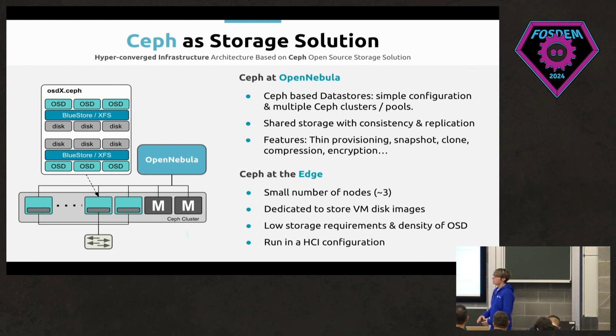Regarding Ceph at the edge, as I've already said, we need first a small number of nodes in our Cloud-Edge node. The Ceph storage is going to be dedicated to store VM disk images. It's not necessary to have high storage requirements because we can use multiple options for the storage.